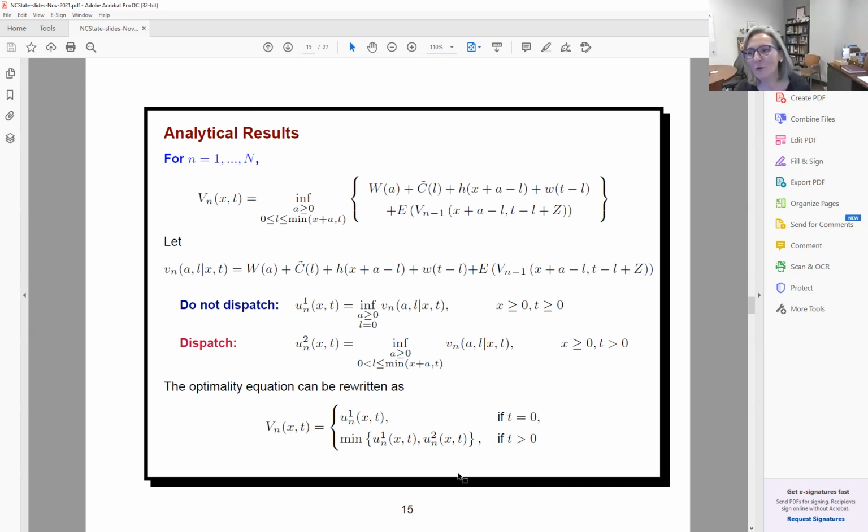I wish there was a further decomposition or simplification based on the inventory replenishment. There is none, but the dispatch and do not dispatch case leads to this modified formulation, which is greatly helpful to obtain more results by studying functions U1 and U2.